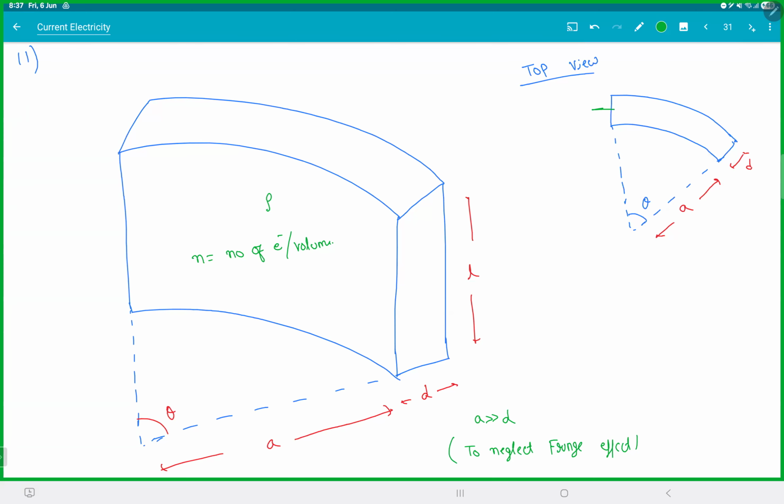The battery terminals are these things. So the battery is connected between these 2 points. Is everyone getting the picture how it is? So that slice, it's like an arc which has a thickness and a width.